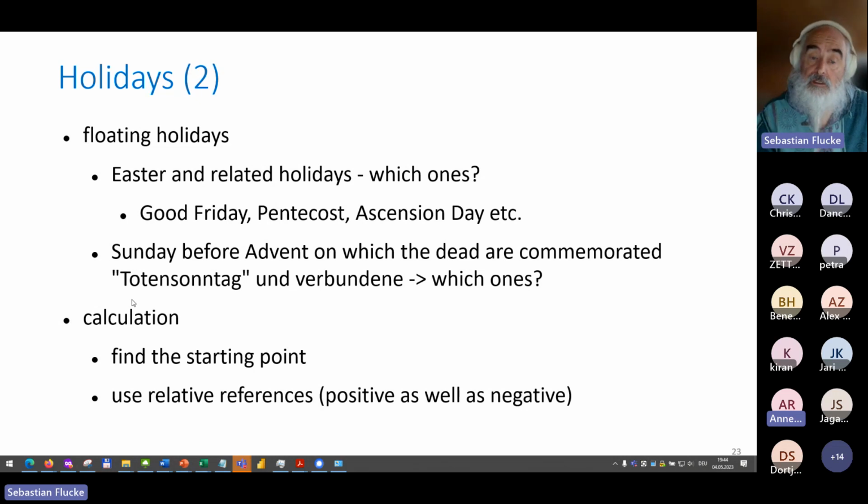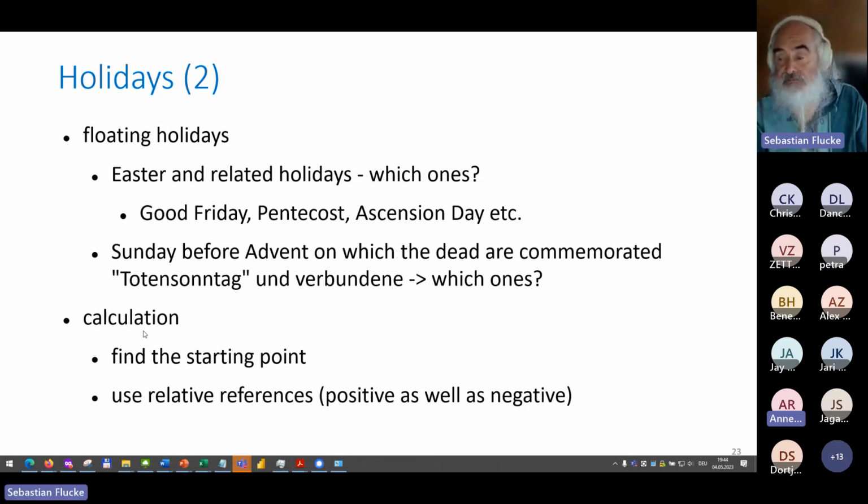Another floating holiday in Germany is the Sunday before Advent, on which the dead are commemorated. The German word is Totensonntag, and the related holidays are the 1st, 2nd, 3rd, and 4th Advent. Those are the Sundays before Christmas.